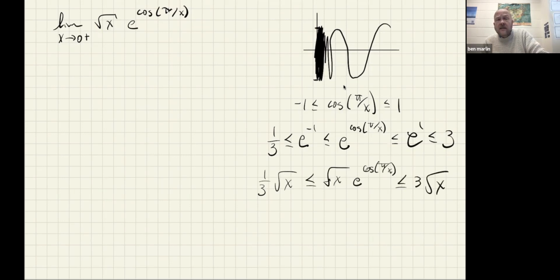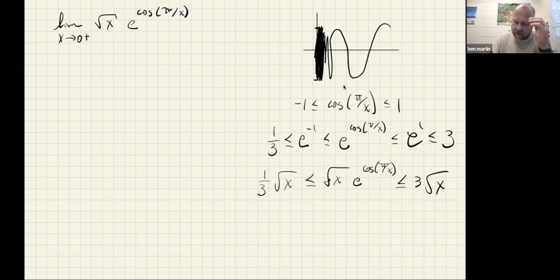Now, if you're asking, how do I know to multiply by the square root of x? Well, that's what appears in the function there, okay? I was just going in here and saying, I don't know how to deal with this. I'm trying to now build something where I can deal with it and just get two bounds on it, okay?